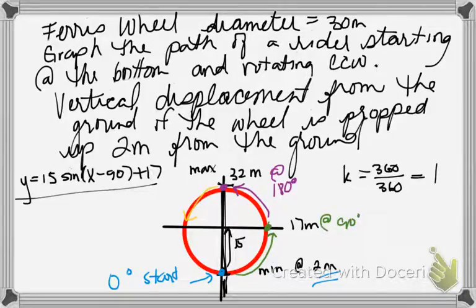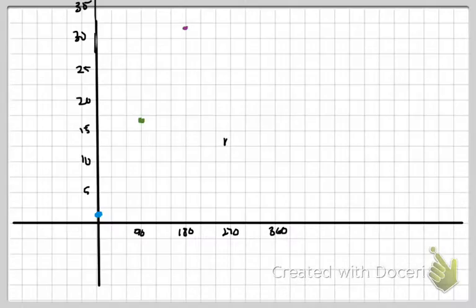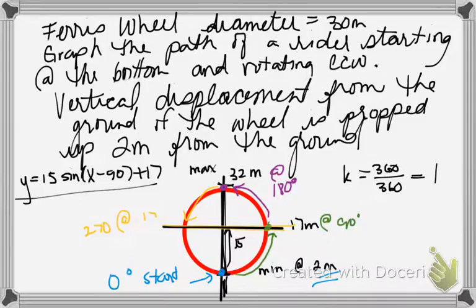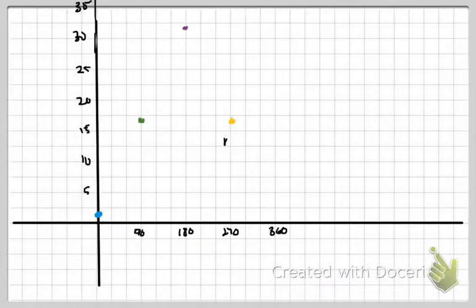Down to, again, this was 17 meters. This whole line is 17 meters at 270 degrees, so 270 and back down to 17, and then all the way back around to our starting point, which is now also a full 360. So we said we started at a height of 2 meters, right? So it's going to be 360 and 2 again.